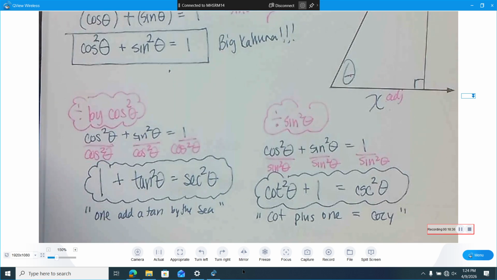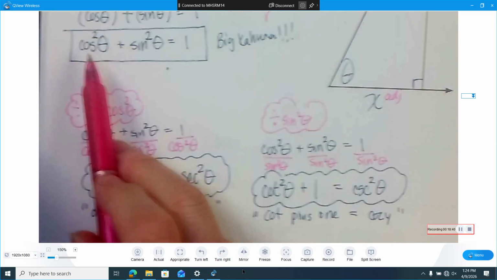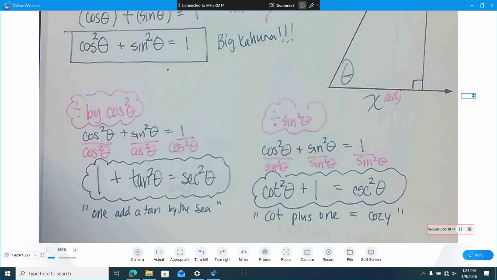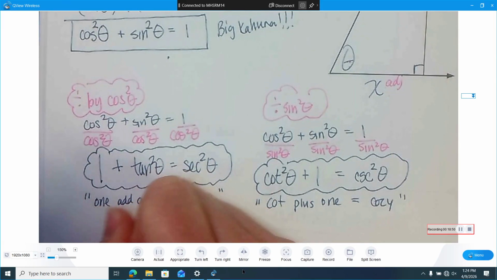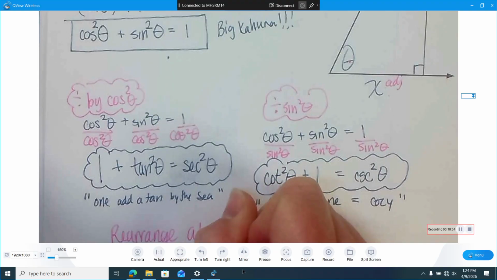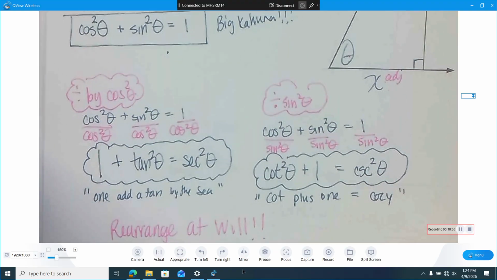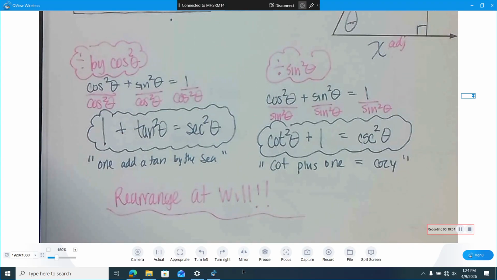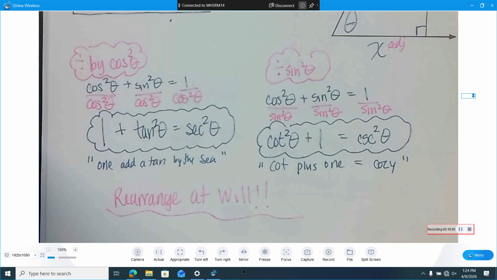Now, these are all identities. Turns out you take a cosine squared function plus a sine squared function and add them together, this equals 1, which is really kind of interesting, okay? What we can do is rearrange at will. Not that will, but a different kind of will. Rearrange at will.